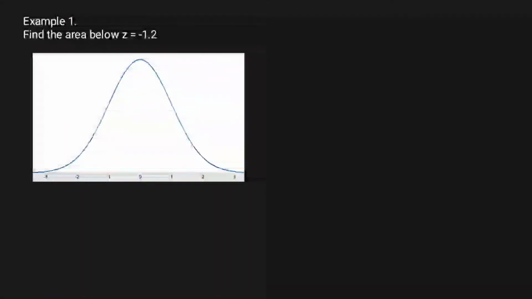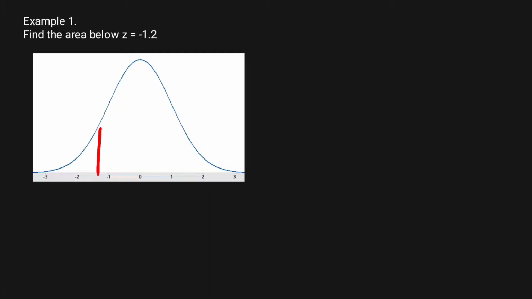Find the area below z equals negative 1.2. Drawing muna natin. So use the standard normal distribution. Draw natin yung z equals negative 1.2. Estimate lang natin, nasa pagitan ng negative 1 and negative 2.